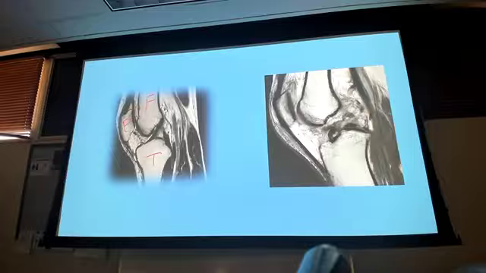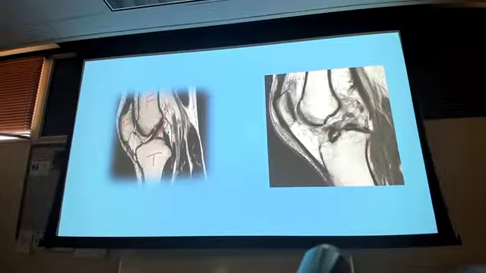What I have here is my ACL. See how it connects the tibia up to the femur. That's where it's supposed to be. This is the start of the PCL. I can't see it go all the way up yet because I need more slices. If I were to scroll through it, I would be able to see that.